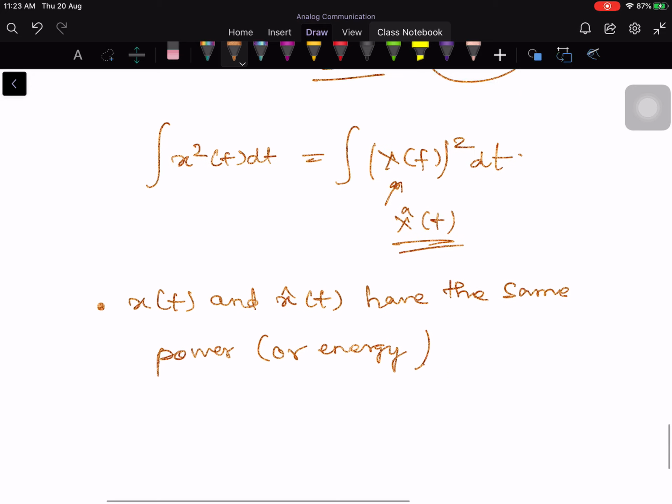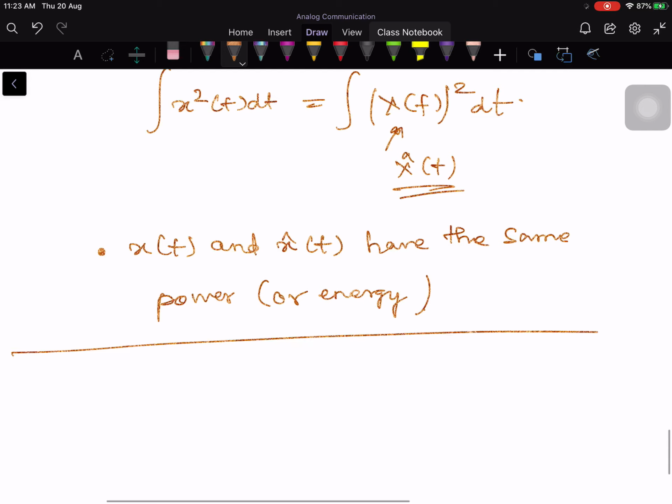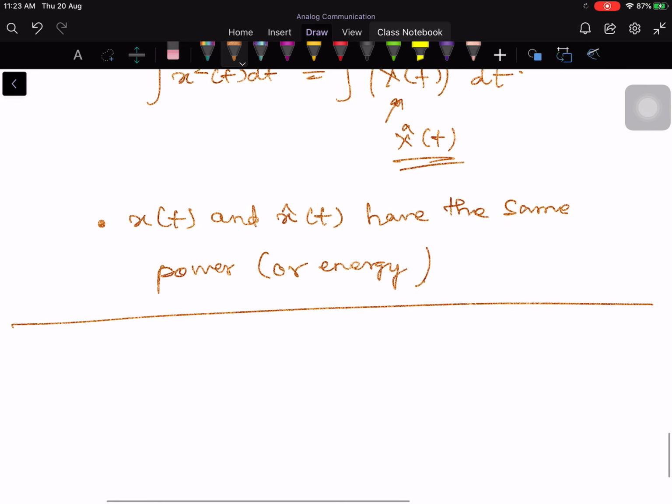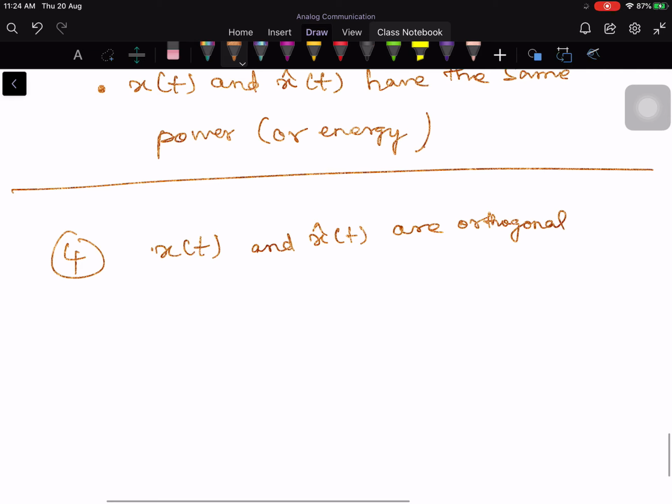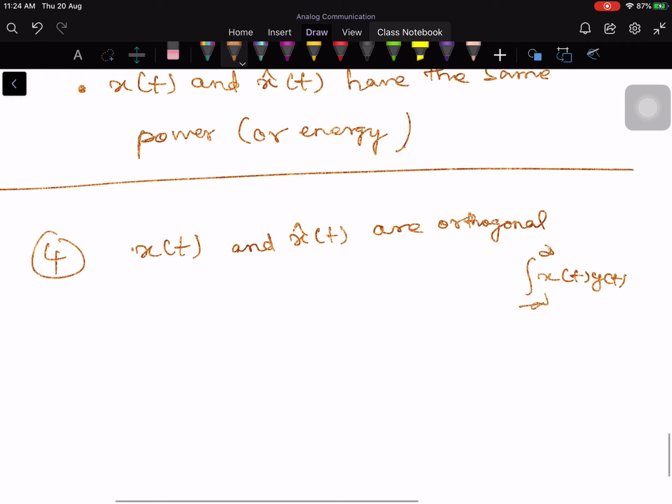The next property is quite interesting. You can almost deduce it from the case of the sine wave. That property says, let x of t and x hat of t be orthogonal. So recall what we mean by orthogonal from your signals and systems. When I say x of t and y of t are orthogonal, then their inner product, integrated from minus infinity to plus infinity, is equal to 0.